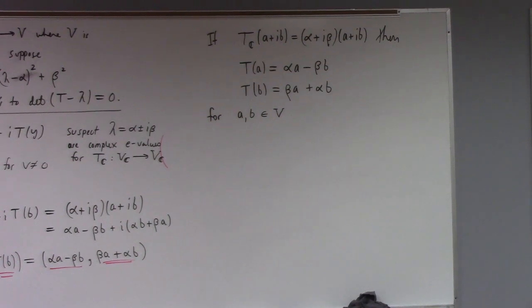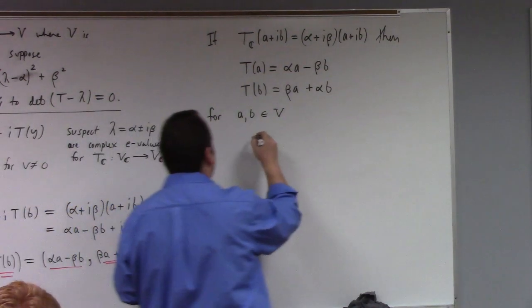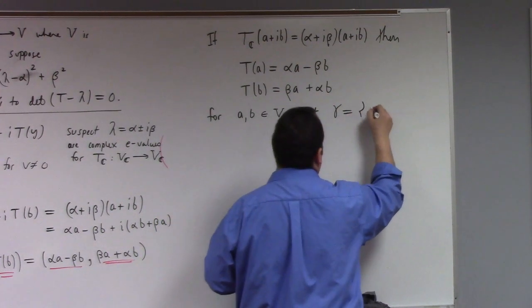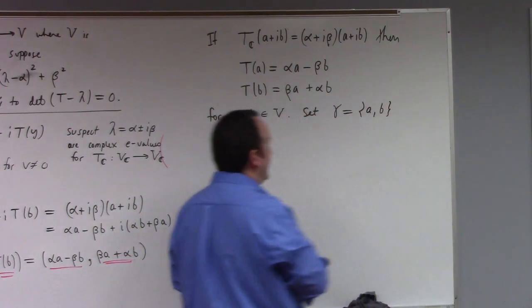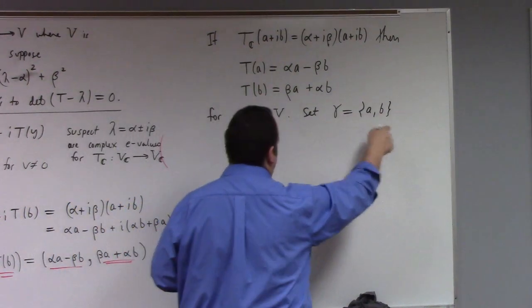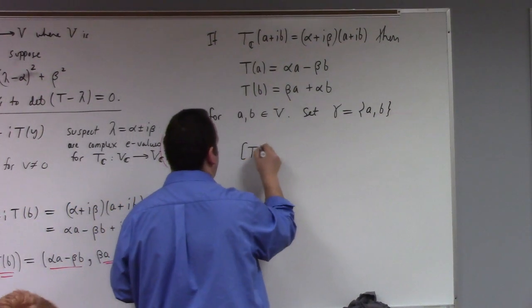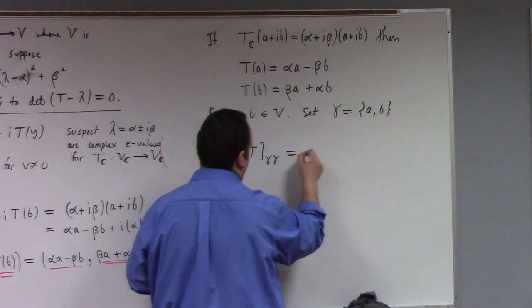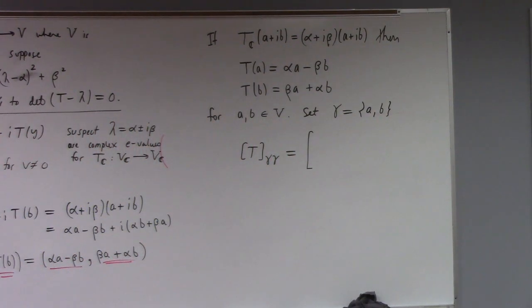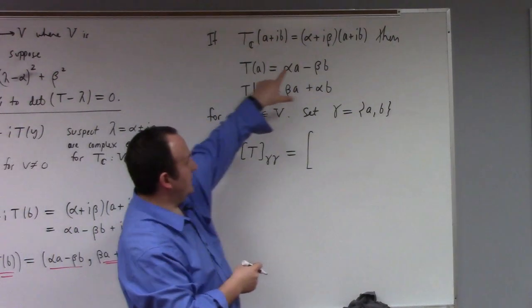And what does that mean? If we set, let's say, gamma equal to a comma b, I would usually use basis beta, but that seems like a bad choice here. So with respect to basis gamma, what's the matrix of T gamma gamma? You can read it from right up here.